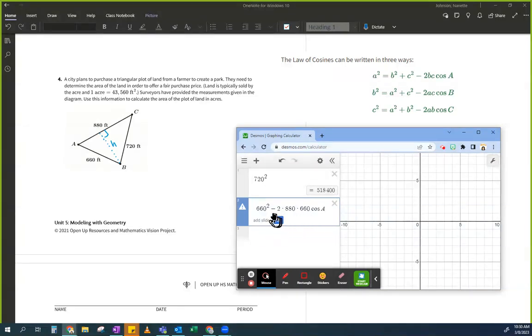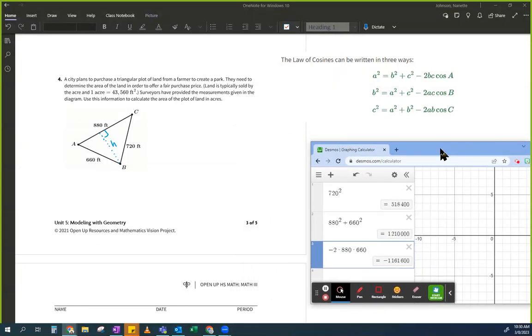So I need to simplify all this. Negative 2 times 880 times 660. Okay, good. So I have this equation. Let me write that down.